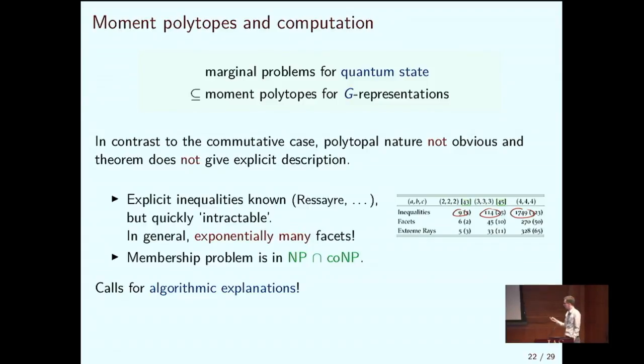That's interesting: listing the facets is not efficient, but because the membership problem is in NP and co-NP, we would believe there should be different, efficient ways of representing the polytope, not by linear inequalities. So it really does call for algorithmic explanations, and that's another interesting motivation for all the work going on here.